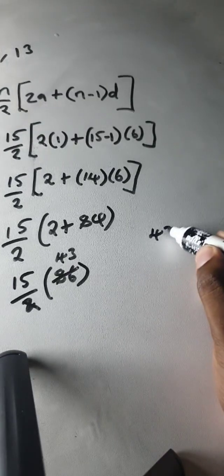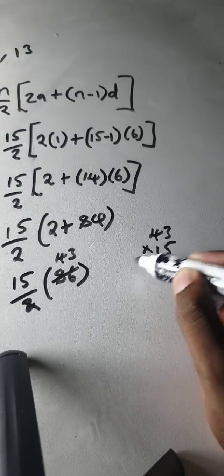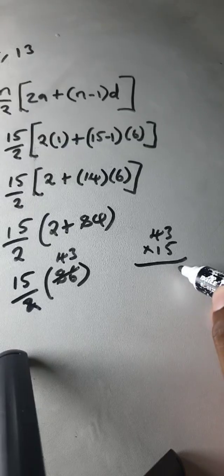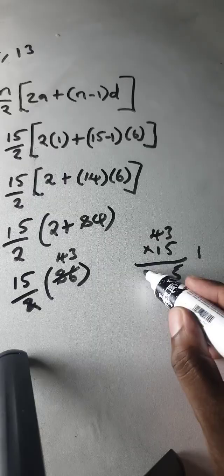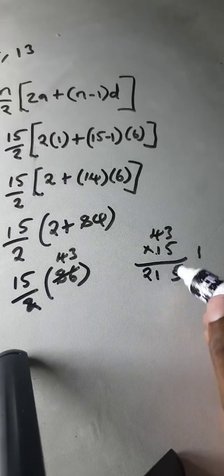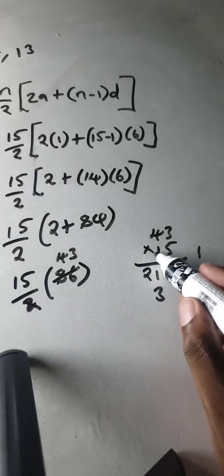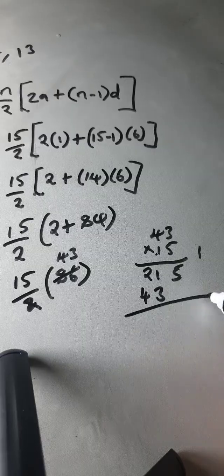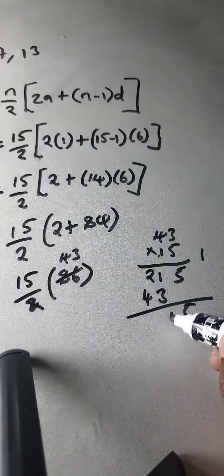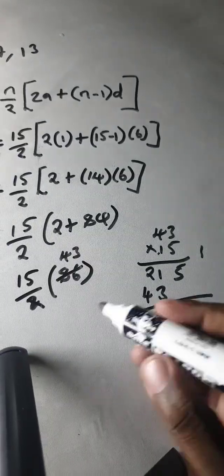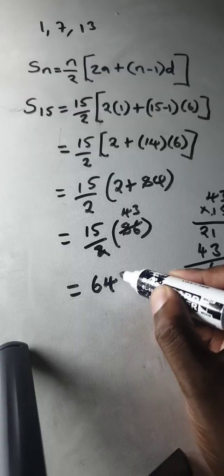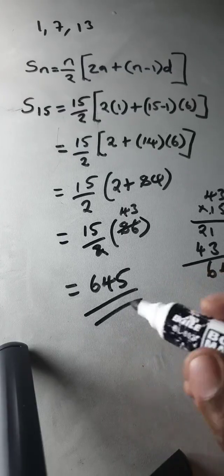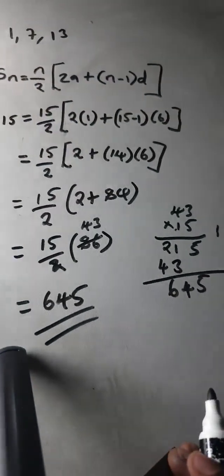So we have 43 times 15. 5 times 3, 15. 5, remainder 1. 5 times 4, 20. Plus 1, 21. 1 times 3, 3. 1 times 4, 4. So we have 645. So the sum of the 15 terms is 645.